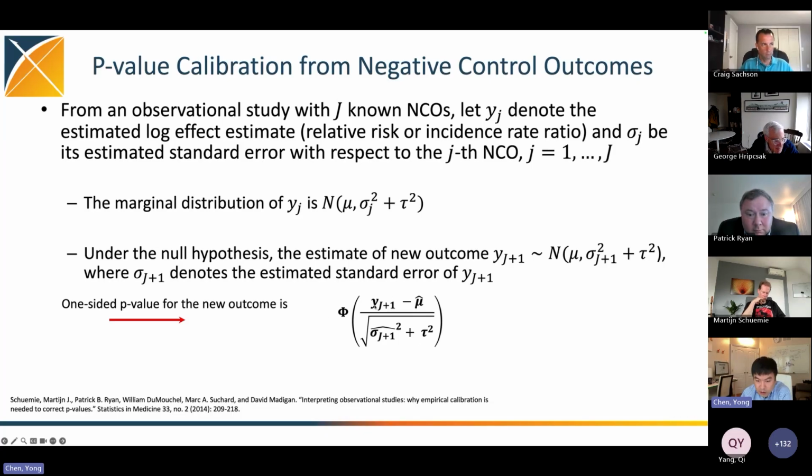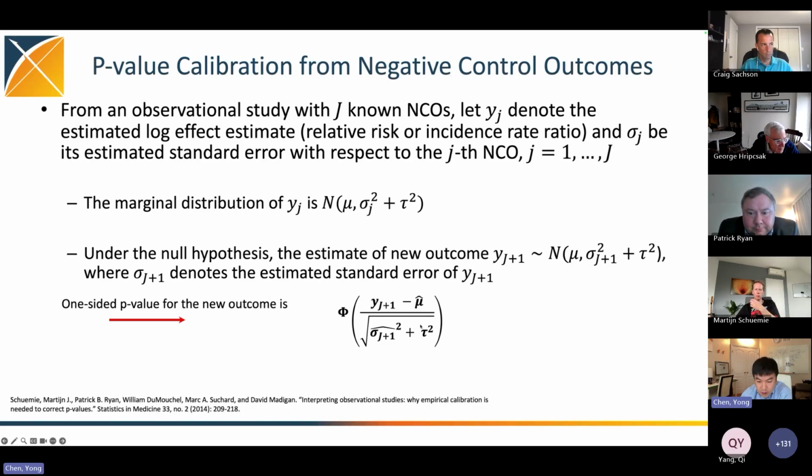Basically, you subtract from your estimate y the estimated systematic error. This is quantified by the set of NCOs you have. And then the variance is also calibrated: the square of your standard error, plus the intrinsic heterogeneity across different NCOs.